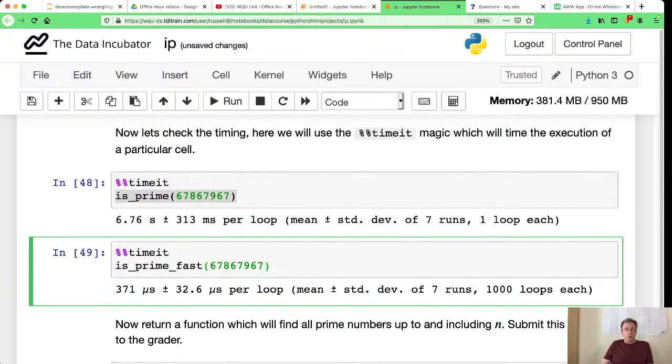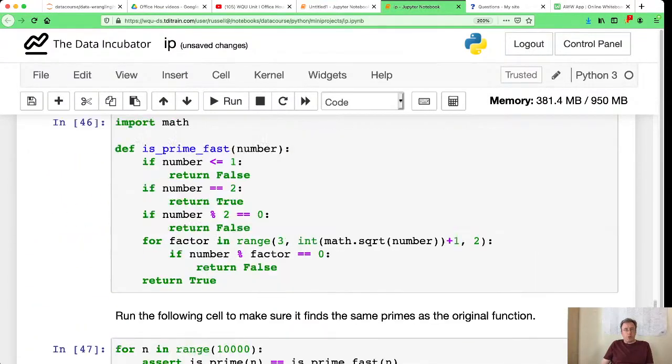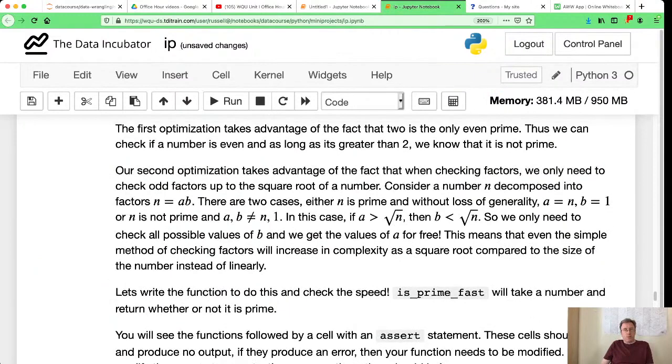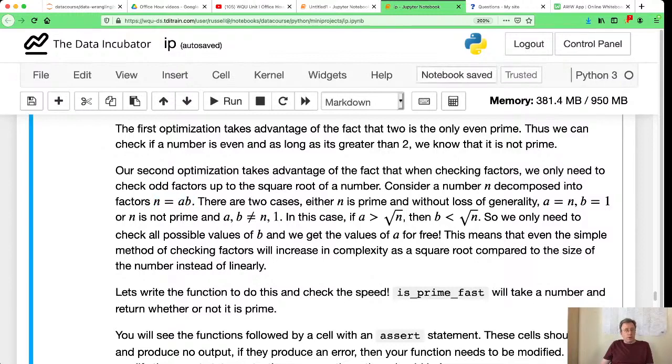Why did we choose this range right here? Well, it's this explanation here. Suppose a number is not a prime number. So suppose I could write a number n as a times b, where neither a nor b are equal to 1 or n.